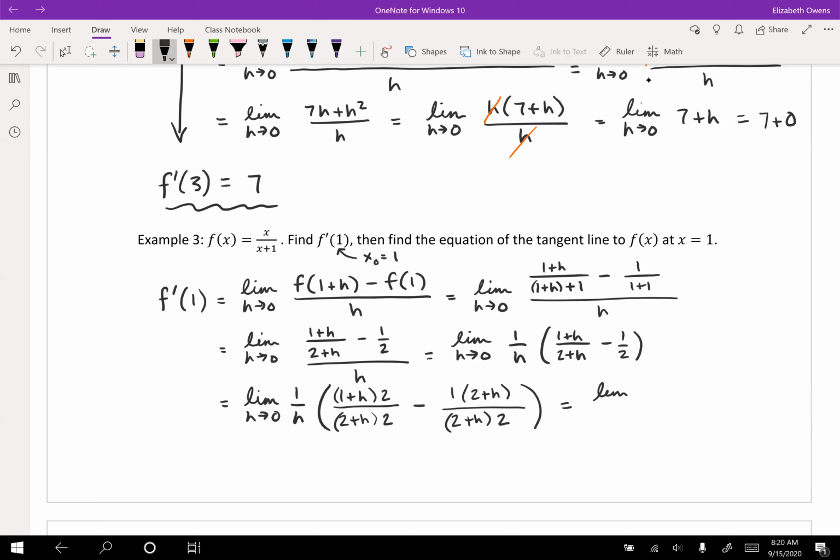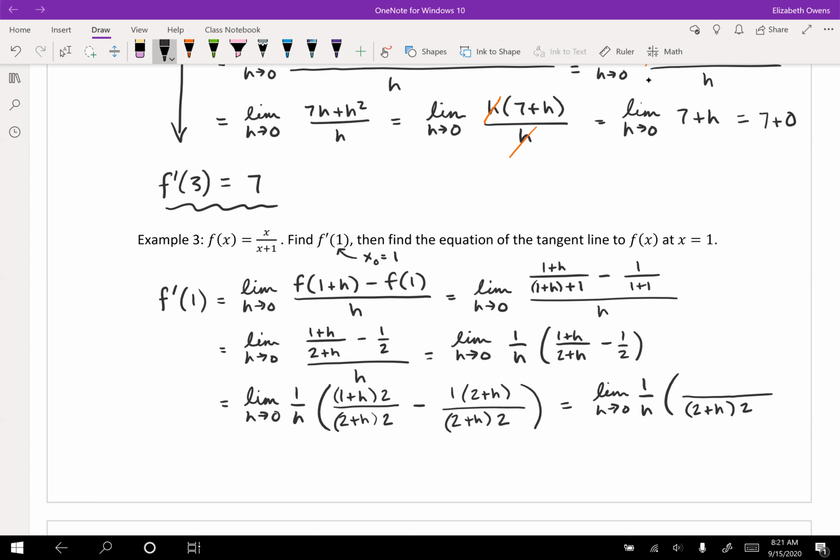Okay, limit h approaches 0, 1 over h. Let's see what we got in there. All right, so our common denominator now is 2 times 2 plus h, or 2 plus h times 2.